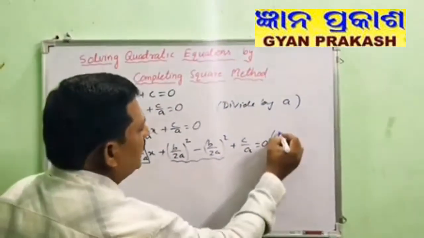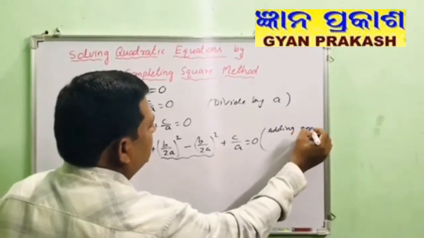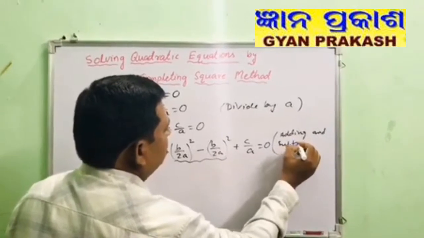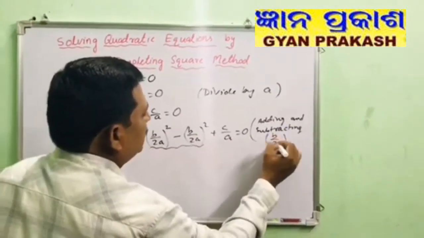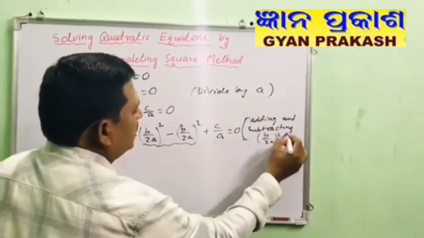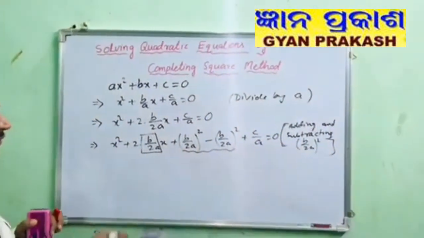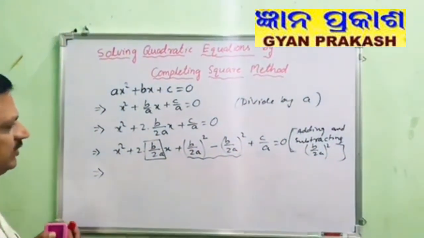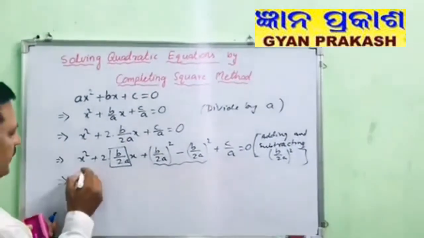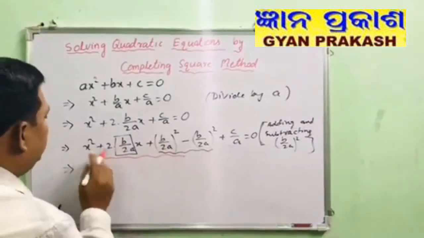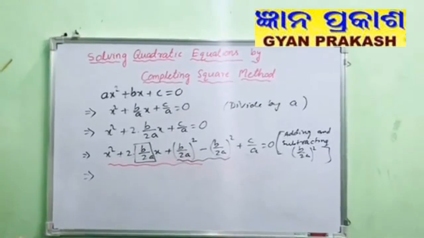Here we have added and subtracted b by 2a whole square. So in this third step we are adding and subtracting b by 2a whole square, and what we get now, if you look at this part here, we have a square plus 2ab plus b square, right?